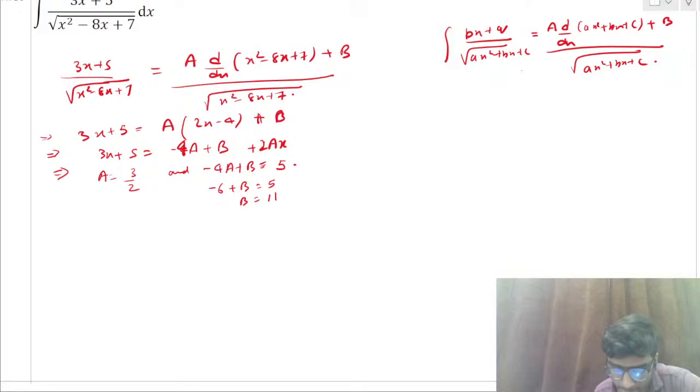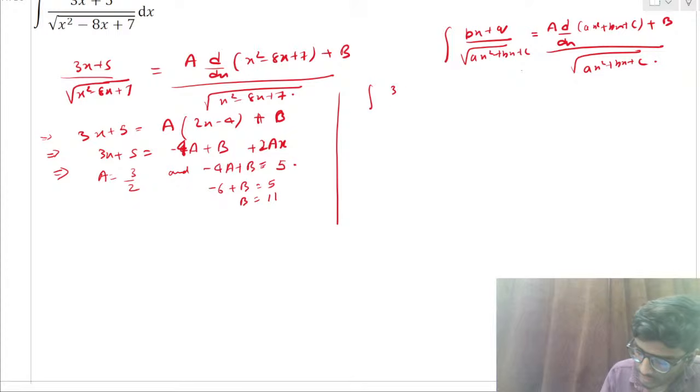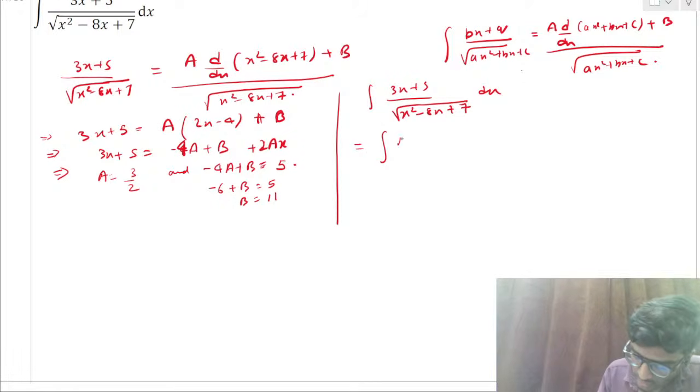Is it correct? So when we differentiate it, we get 2ax minus 4a plus b. So the integral of 3x plus 5 upon under root x square minus 8x plus 7 dx becomes, a is 3 by 2, times the differentiation of the denominator part, which is 2x minus 4, upon under root x square minus 8x plus 7 dx.